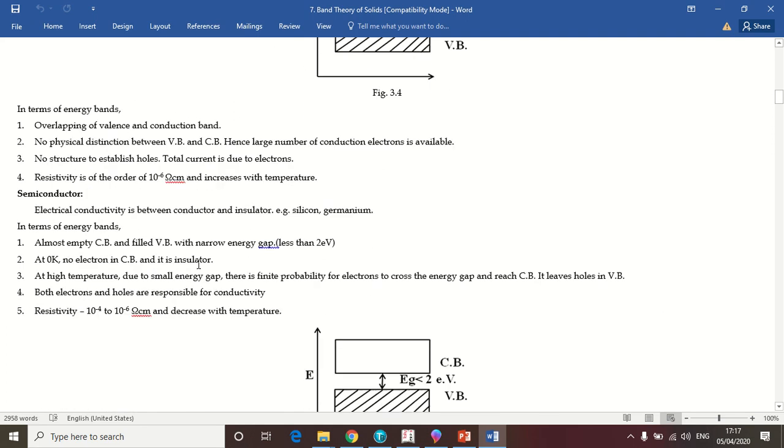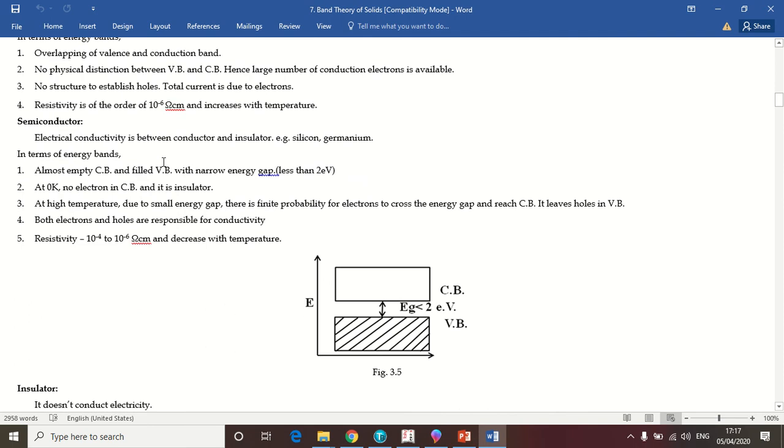The second type is semiconductor. The semiconductor has electrical conductivity in between conductors and insulators, and examples are silicon or germanium. These semiconductors have a moderate band gap between valence band and conduction band, with band gap energy less than 2 electron volt.